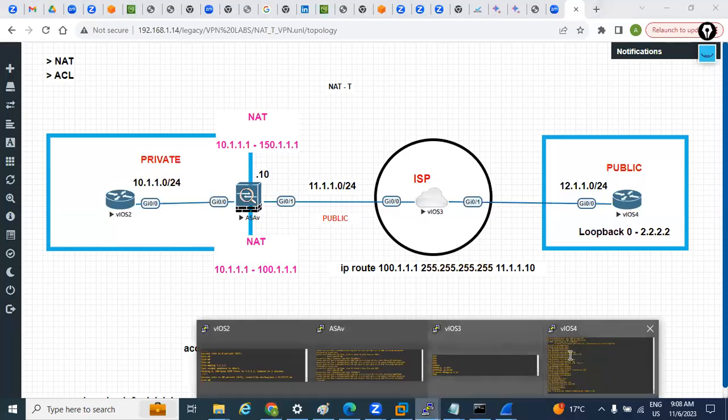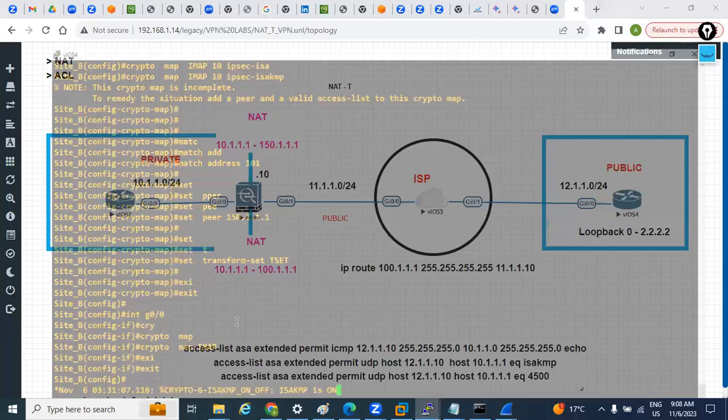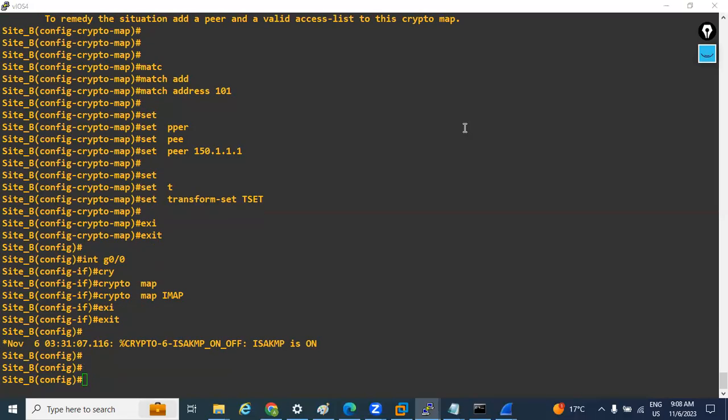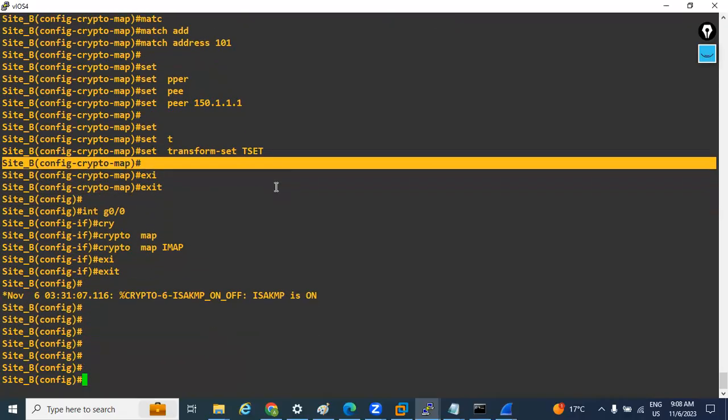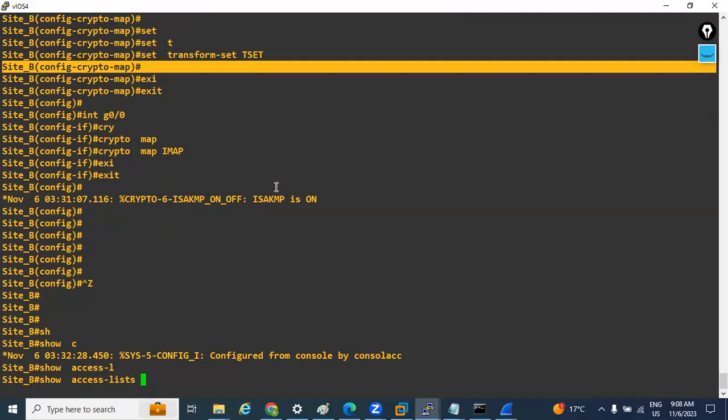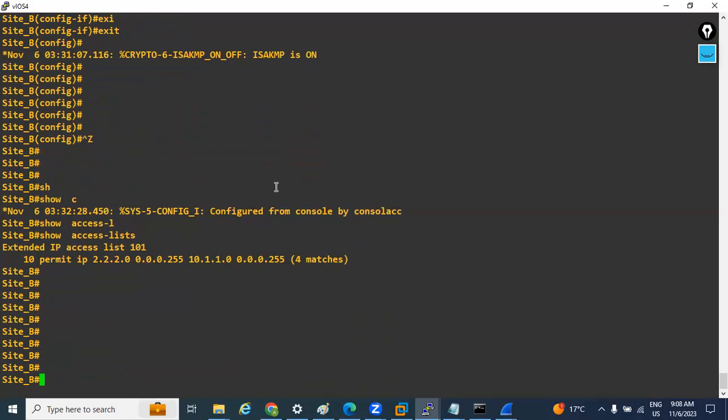So now ACL. Okay, the question is, Amit, why is this ACL not working? Now I just got it. See here. The concept is on this one. Show access list. Remember one thing. One concept is show access list here.